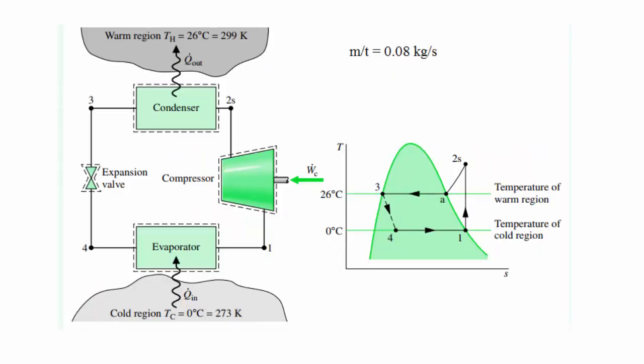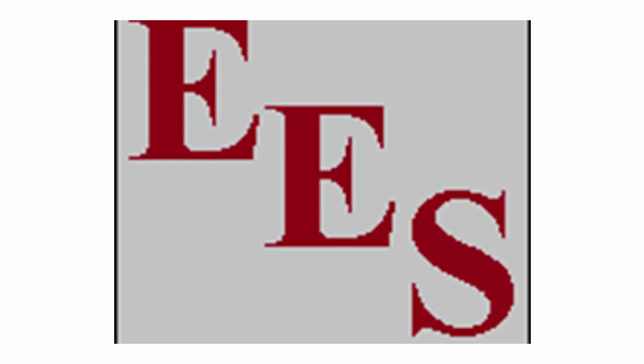We can find the exact value of the H2S point by also using the WES software, in which we will put the temperature and the pressure points. You can also see this software from my steam power plant video.